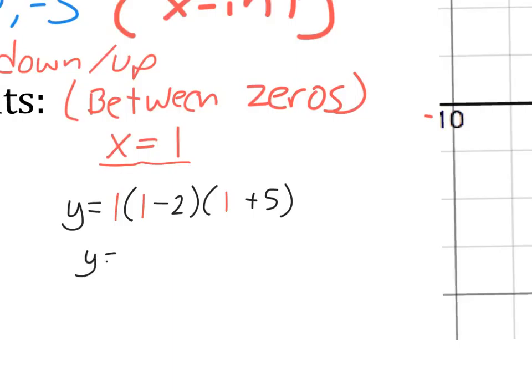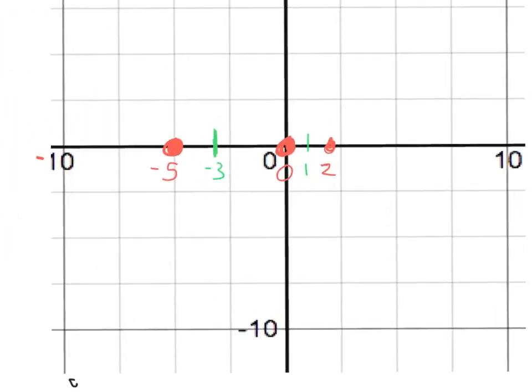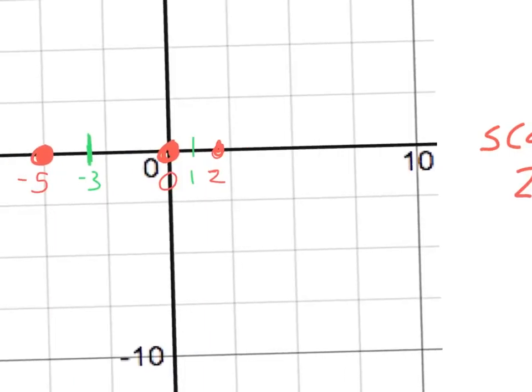Simplifying these, I get 1 times negative 1 times 6, so I get negative 6. So what's the point? 1, negative 6. So relative to the other point, this one drops down, but not by much. It only drops down to about here.